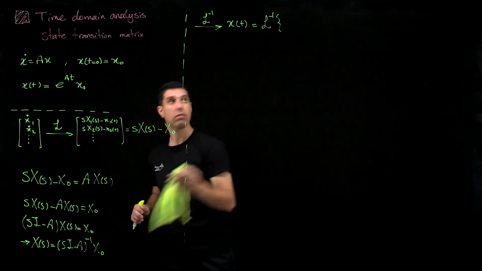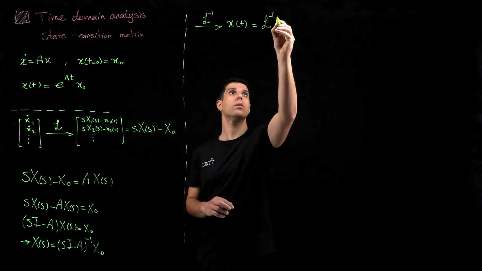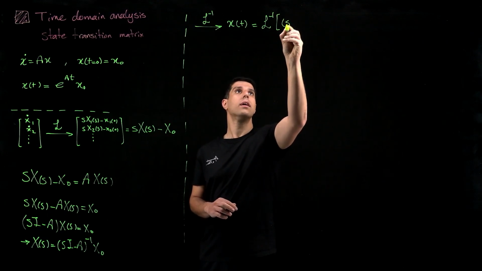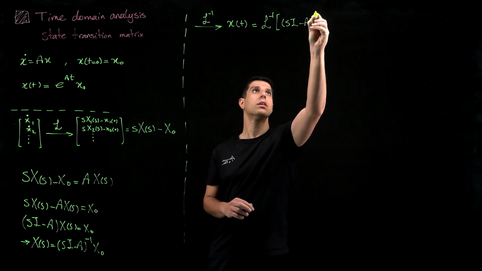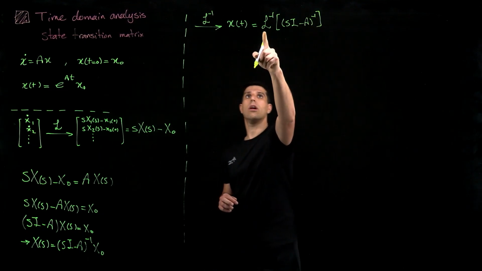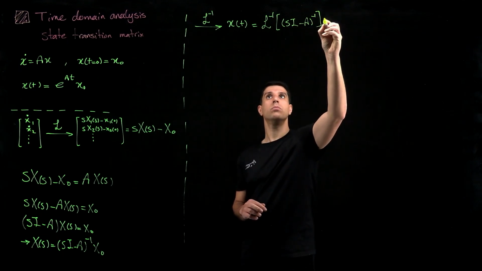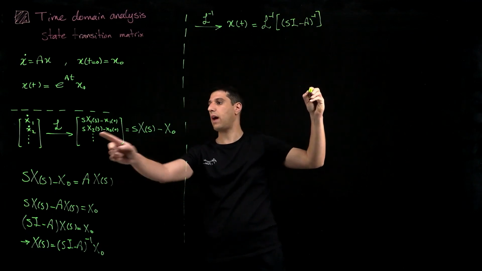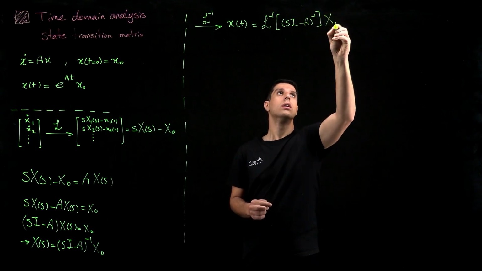Let me write it. Inverse Laplace of, how do I do that? Bigger one. sI minus A inverse. So Laplace inverse of that inverse times x naught, and x naught is just a vector of constant value. So these are all the x1 and x2s, x naught.